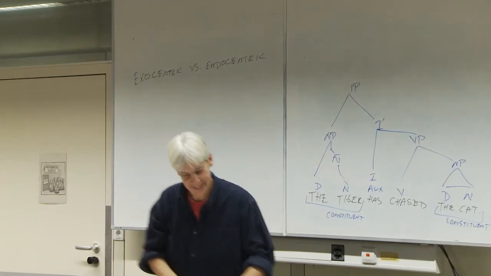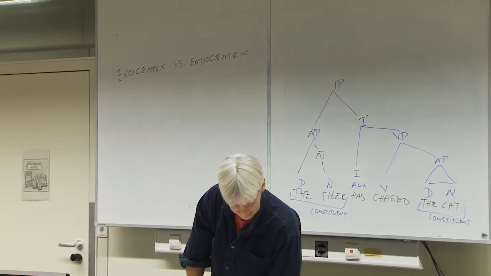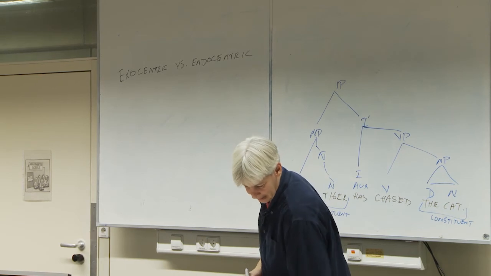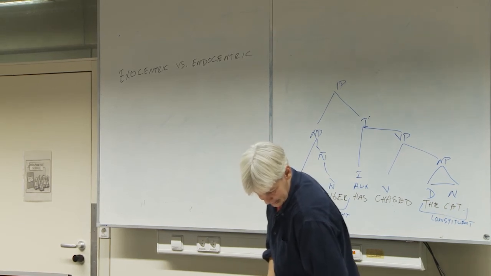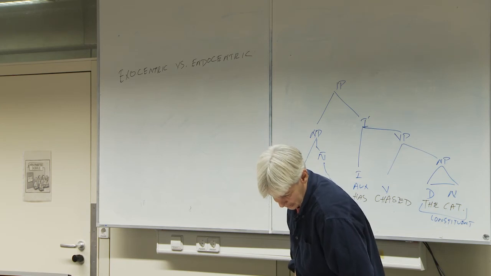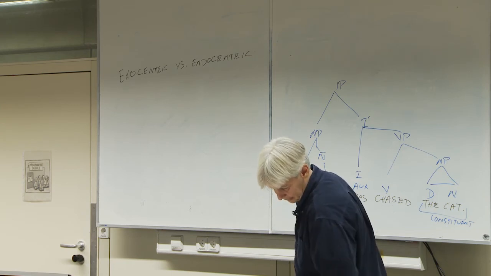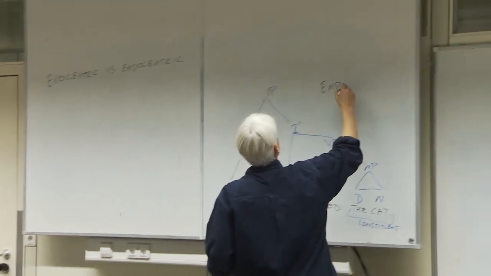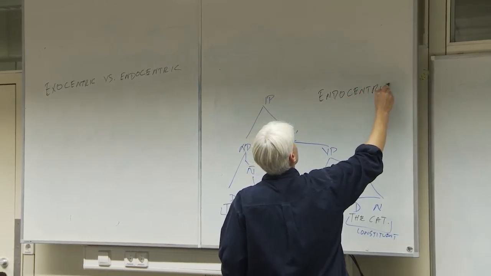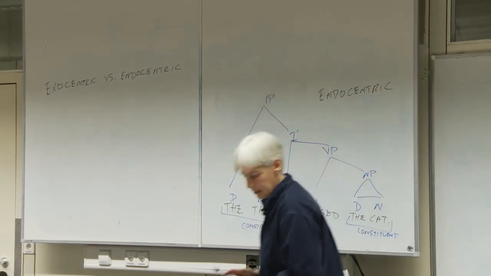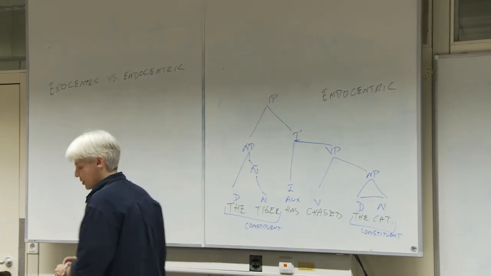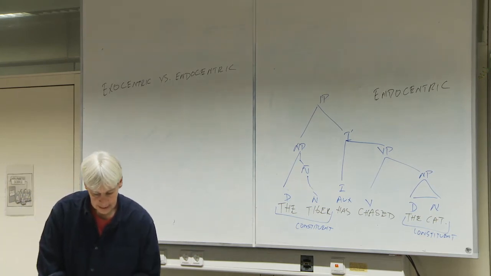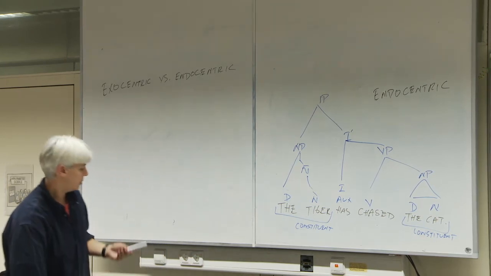Something in biology. Okay, so the idea is that, I'll make sure I get it the right way around. This is called an endocentric structure. That's because everything is coming from the inside. And then we have exocentric, our good friend Warlpiri again. That is considered to have an exocentric structure.